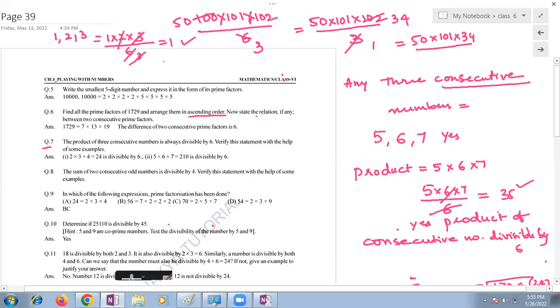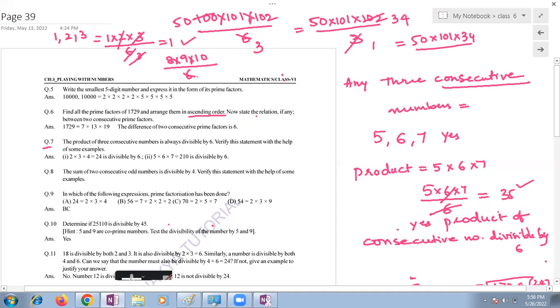Now, not only this, you can go with another example like 8, 9, 10. So come on, children, 8 multiplied with 9 multiplied with 10. We can do the multiplication, it's 720. Multiply and divide is also fine, children. That is also correct.